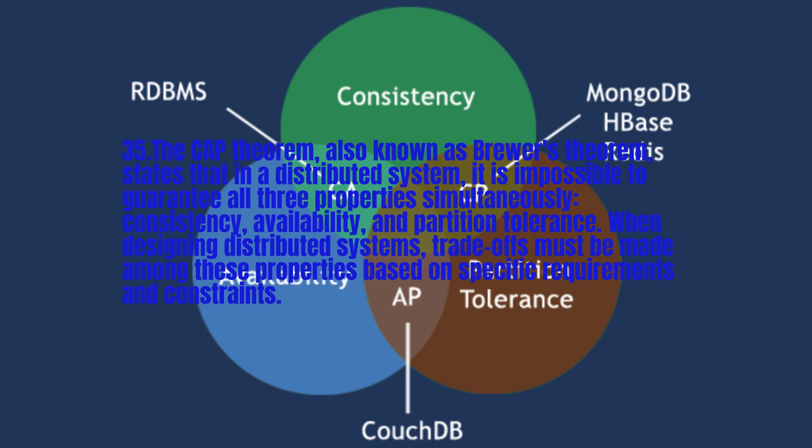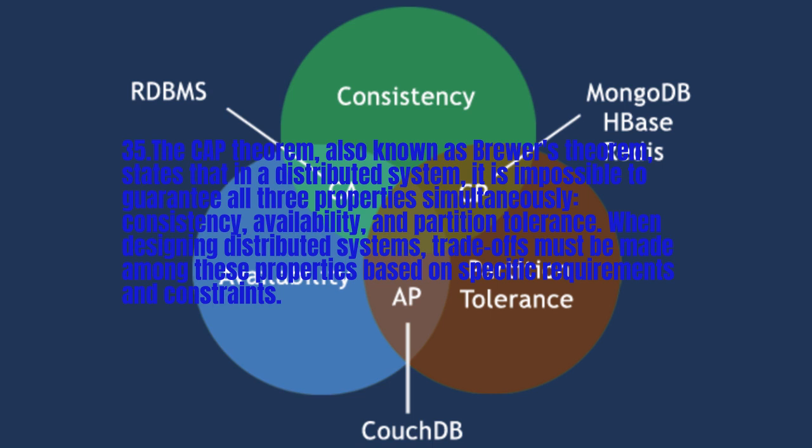as per the CAP theorem, you cannot have all three. For example, MySQL, PostgreSQL, SQL Server, all these relational database systems, you can have only consistency and availability, as you can see.